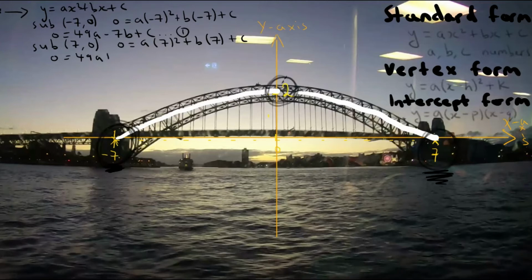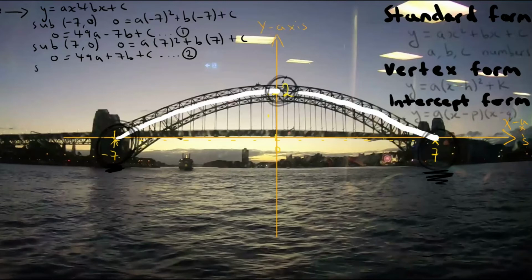So instead of minus 7b here we have plus 7b plus c. We will call this equation number 2. All right, and we have one last point because here we have 3 unknowns, so a, b, and c, so we're going to need 3 equations. If we had 2 unknowns, we would only need 2 equations.